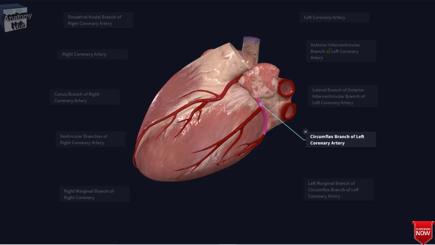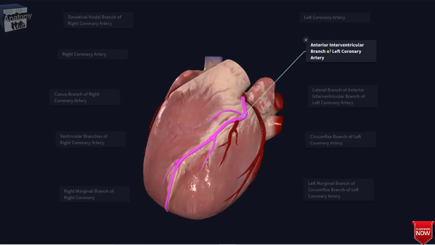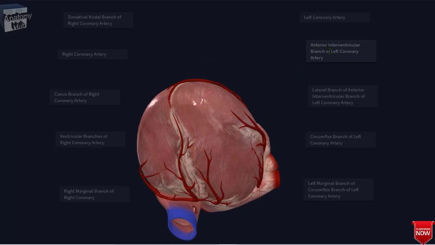The anterior interventricular branch follows the anterior interventricular groove towards the apex of the heart, where it continues on the posterior surface to anastomose with the posterior interventricular branch of the right coronary artery.